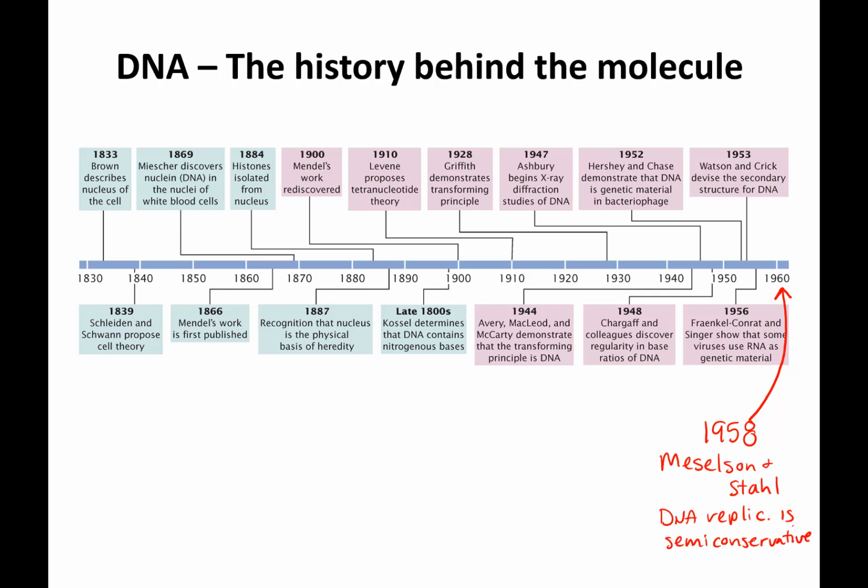Everybody on here, take a look at the Chapter 10 objectives. We're going to talk about... Let me see if I can see all these. Where's Griffith? Where's Chargaff in here? Avery, MacLeod, McCarty, Hershey, Chase.